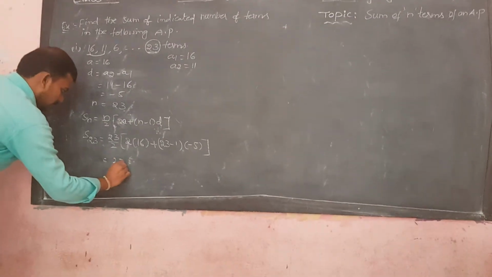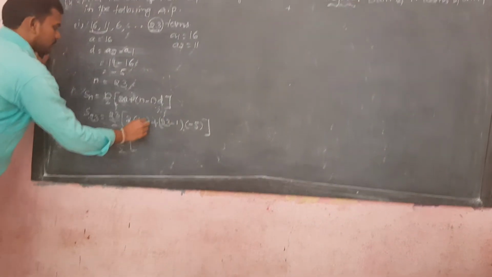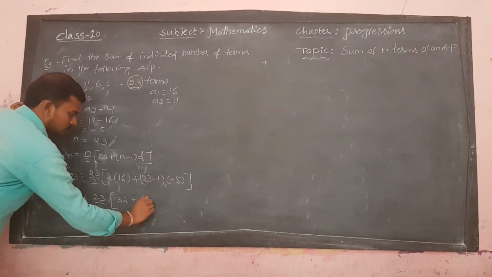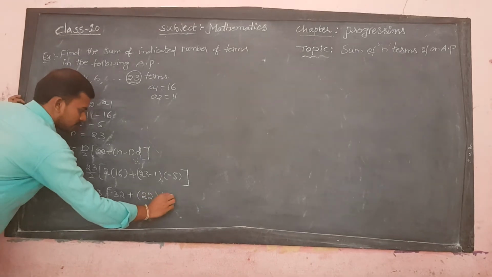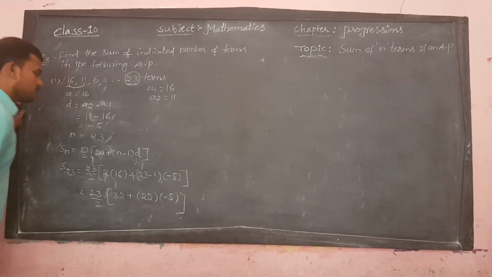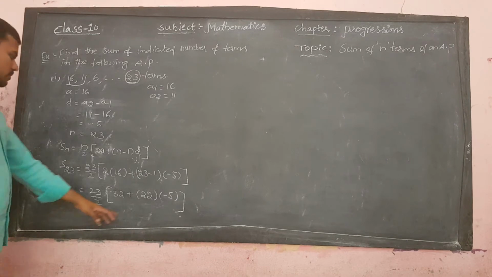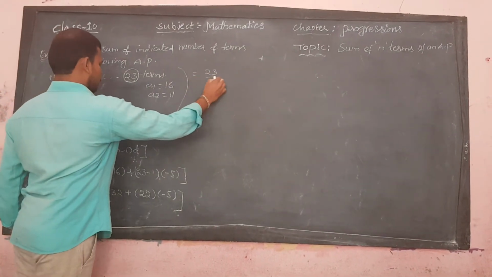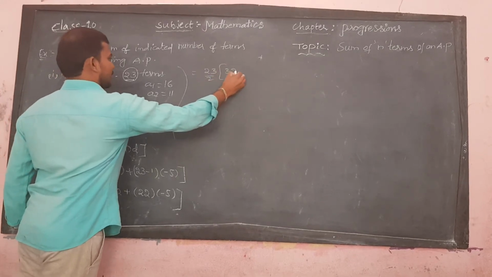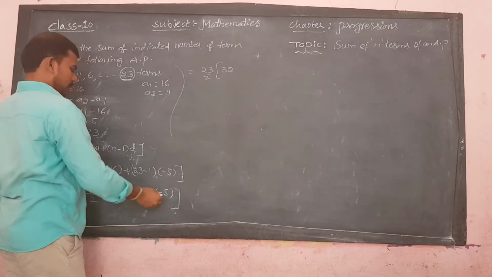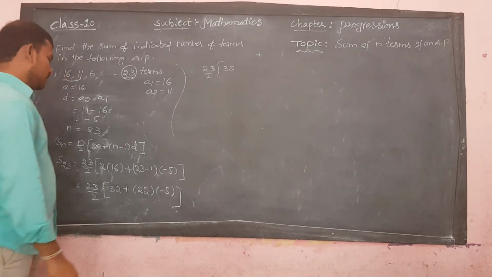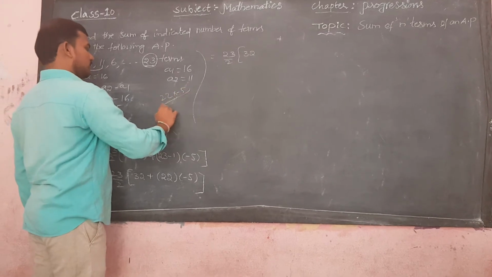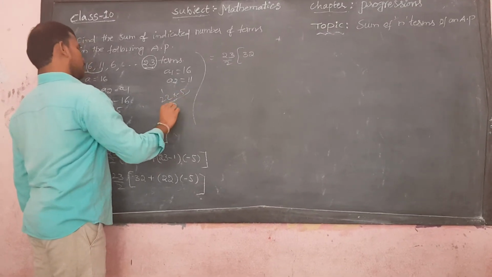That is 23 by 2 into (32 plus 22 into minus 5). 23 minus 1 is 22, and 22 into minus 5 is minus 110.